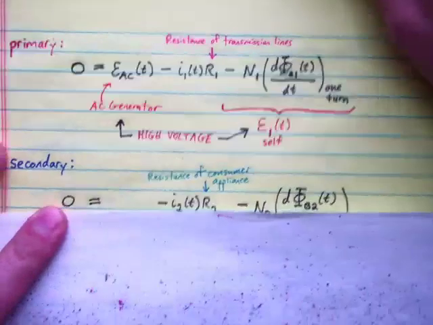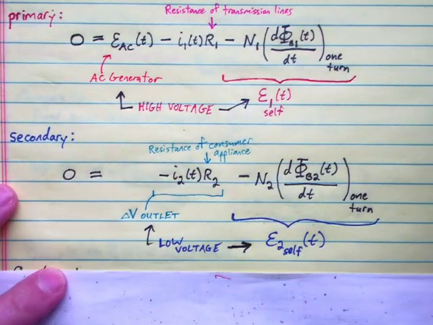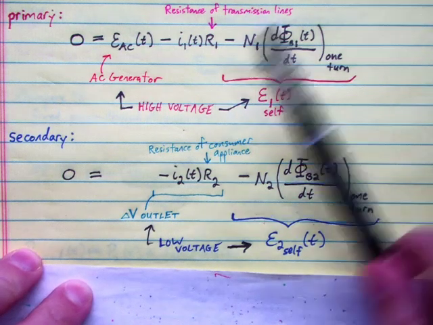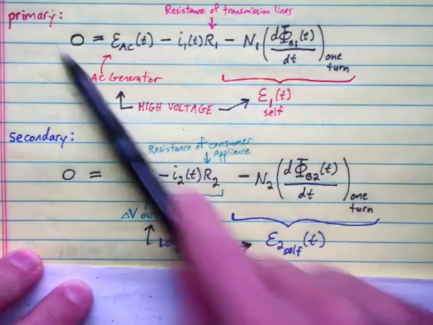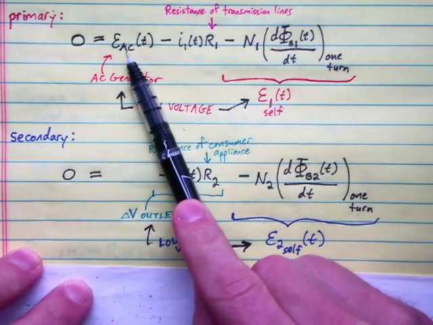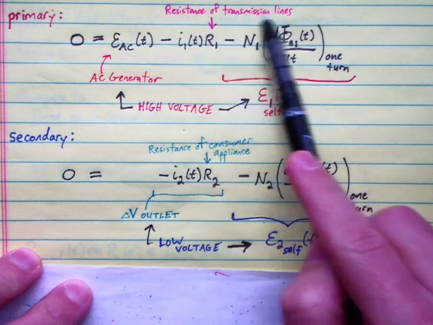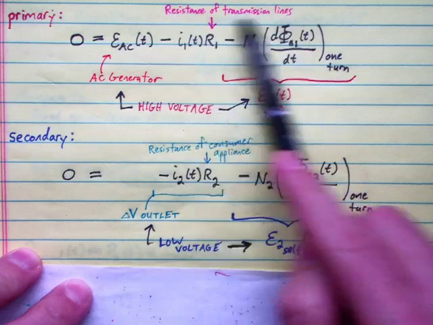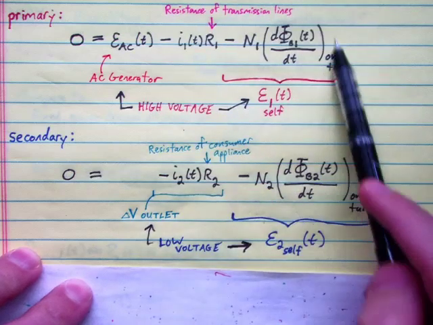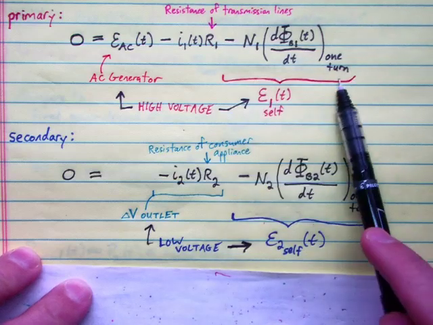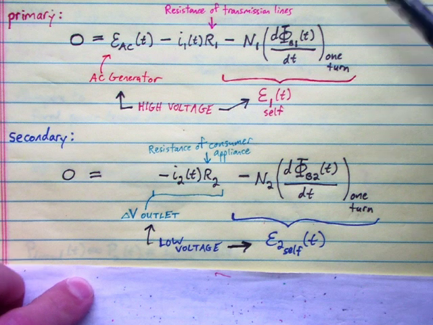I've written those two equations out explicitly here. So our Faraday's law, or modified Kirchhoff law for that primary loop, the transition loop, here's our AC generator. This R1, let's call that the resistance of our transmission lines, our high tension wires. And then here is the left-hand side of your transformer, the primary coil in the transformer.